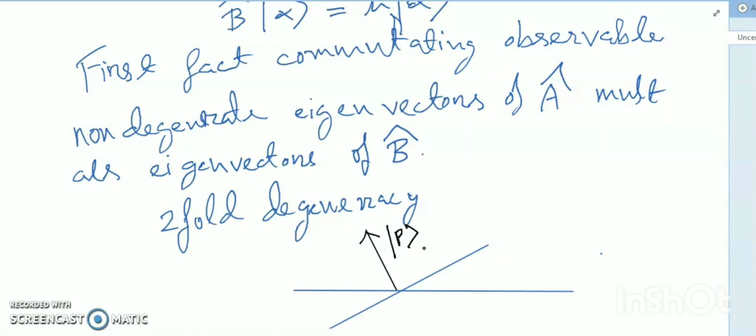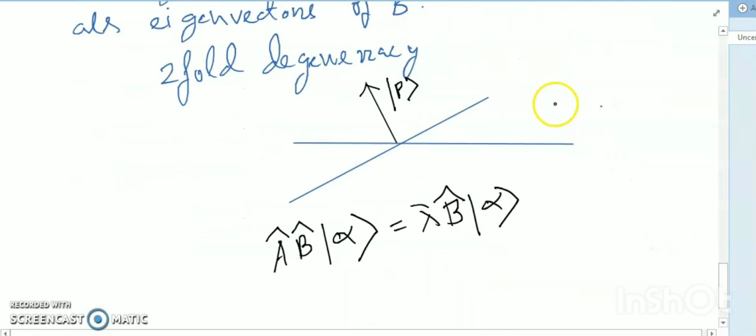We want to know what happens when B acts on P.